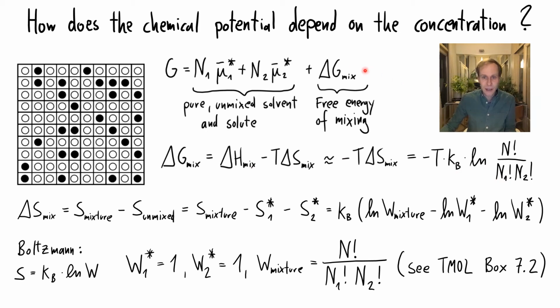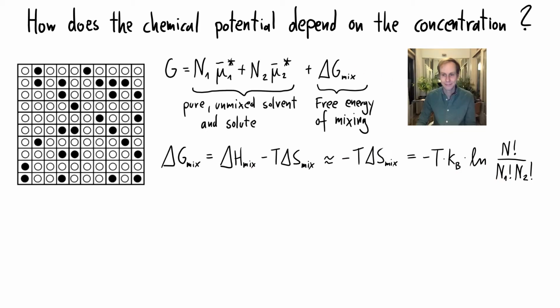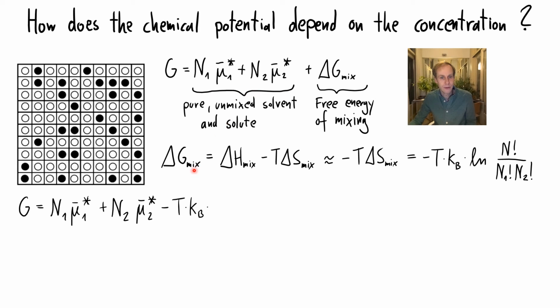Excellent, we can use that expression up here now. So now that we have that expression, given by the Boltzmann term with the multiplicity expressed by the factorials, we can plug it in and write it again. G equals the pure unmixed solvent and solute minus the free energy of mixing term here, which was plugged in.